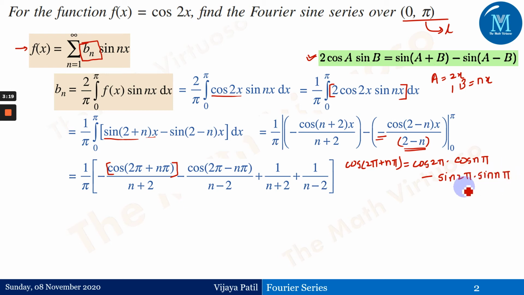So this is what we are going to get for this expansion. Now, if you observe here, the second term contains just sine of n pi and sine of 2 pi. So this entire thing will move to 0 because sine of 2 pi is 0, and therefore we have cos of 2 pi into cos of n pi, and we know that cos of 2 pi is always equal to 1. Therefore, the answer for this expansion would give me cos of n pi only.